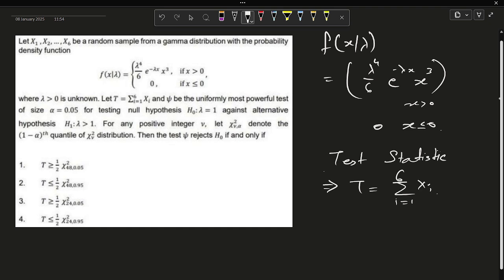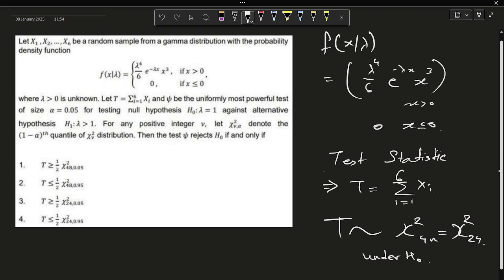After that, what can be done here? The distribution under H0: since T is the sum of n equals 6 independent gamma random variables, where the shape parameter is k equals 1 and the rate parameter lambda equals 1, T can be approximated by chi-square 4n. Here n is 6, so that will be chi-square 24 under H0.